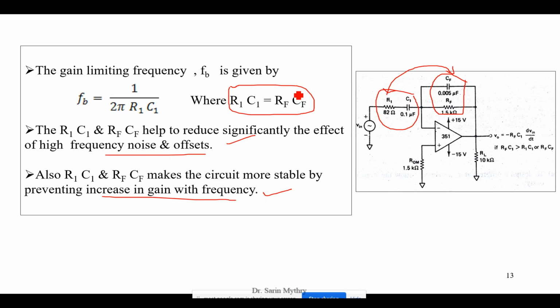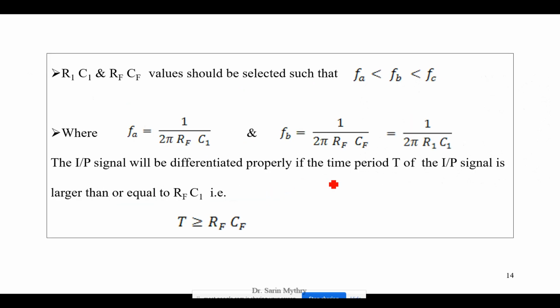So this is again the research part. They have known that whenever the product of R and C is the same, only then are these noises removed and the gain stabilized. That's why we have written here RF CF is equal to R1 C1.